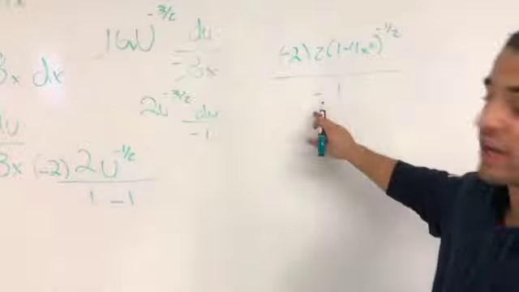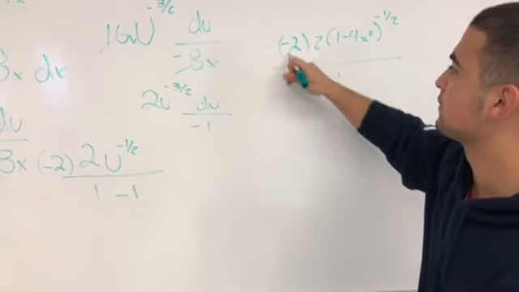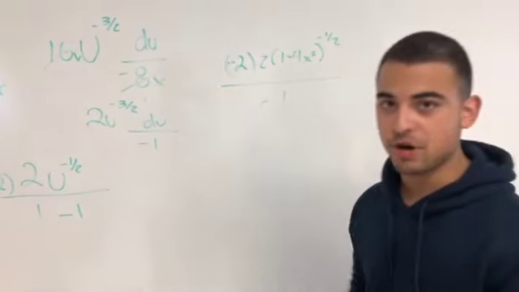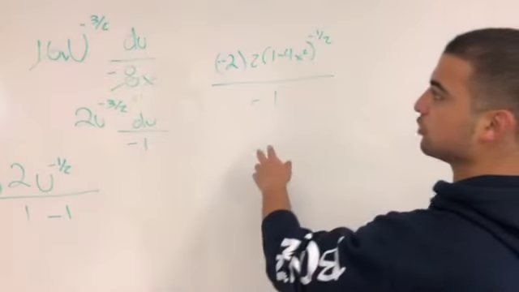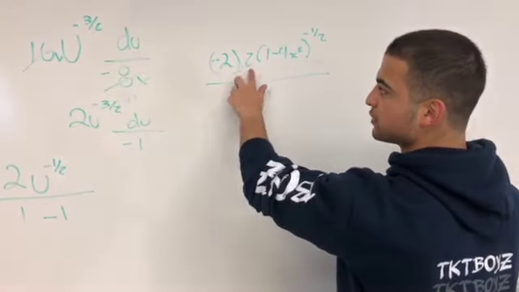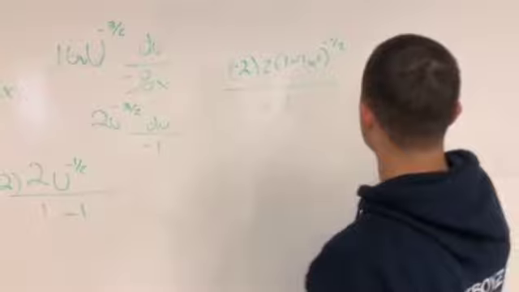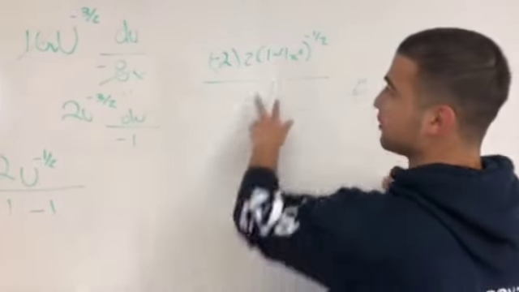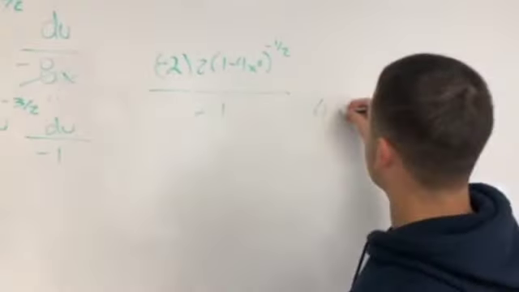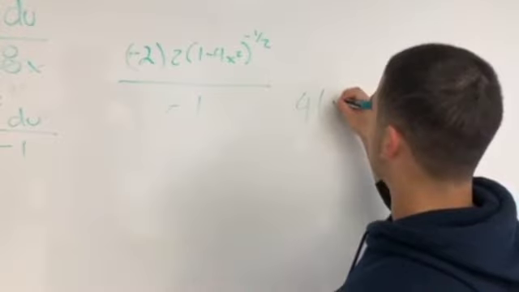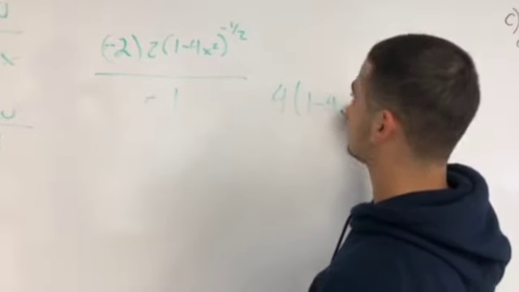As we have 2 negatives, the negatives cancel, so the answer is going to be positive. Now it's time to multiply. We multiply 2 times 2, which is 4. We have the 4, but we're not going to multiply by the binomial.